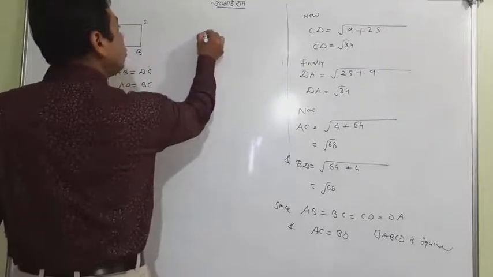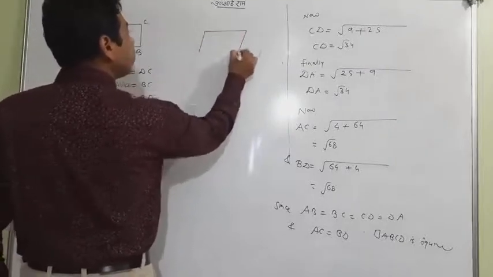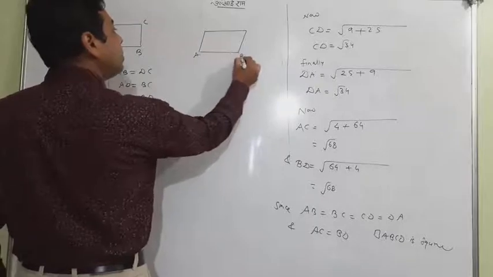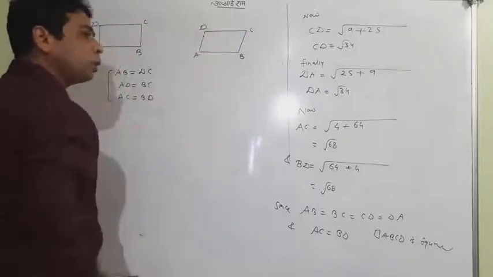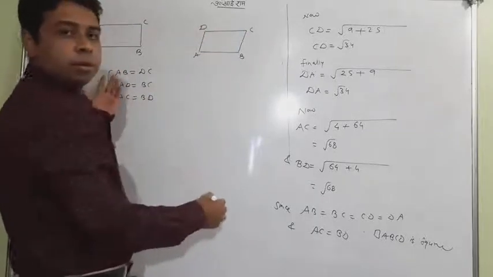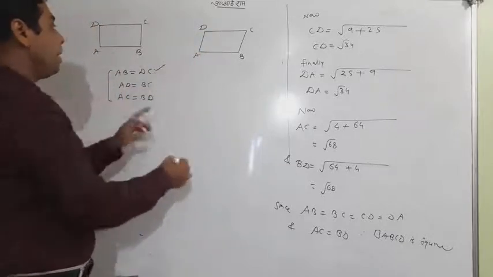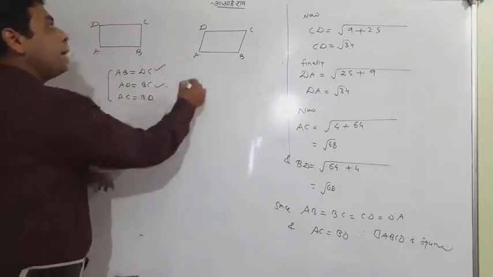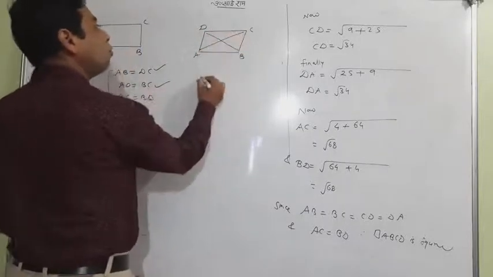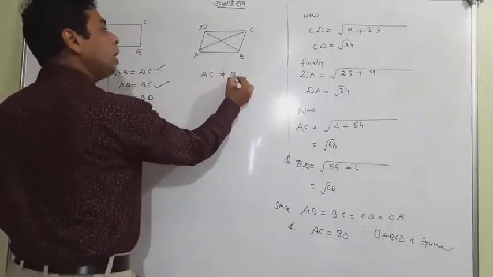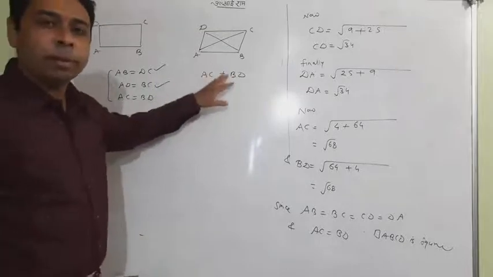If you are told to prove that ABCD is a parallelogram, how do you prove it? Same thing. AB should equal DC, AD equal BC, but AC should not equal BD. That is the only difference between a parallelogram and a rectangle.